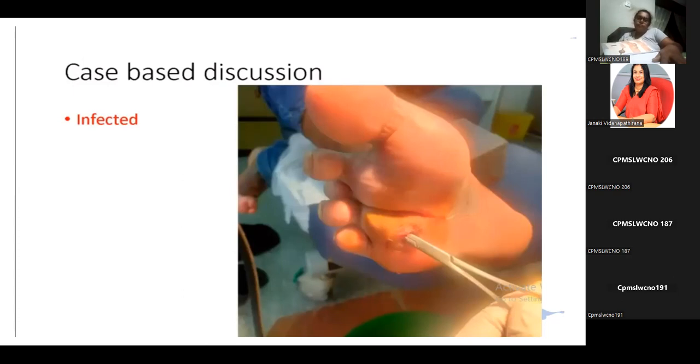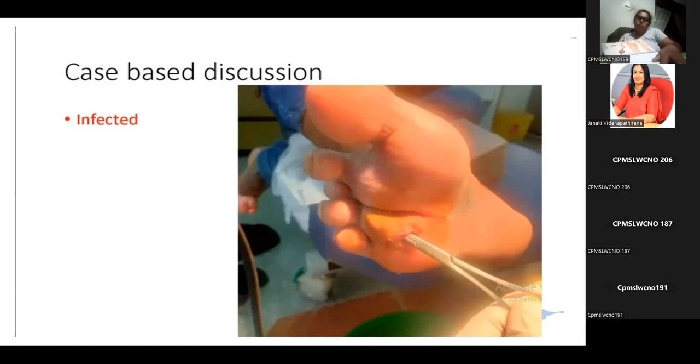Then how do you choose the dressing? What sort of a dressing? These are infected wounds. Antimicrobial dressing. Yeah, antimicrobial dressing.